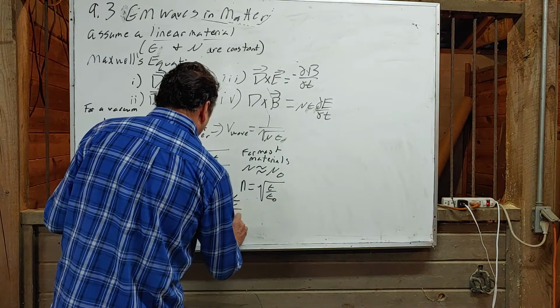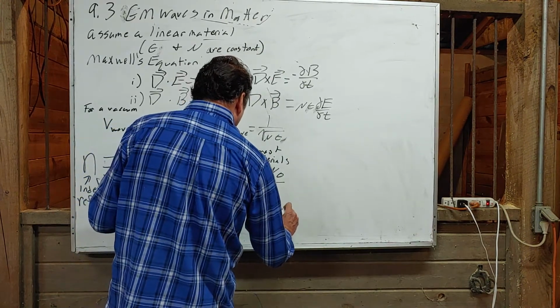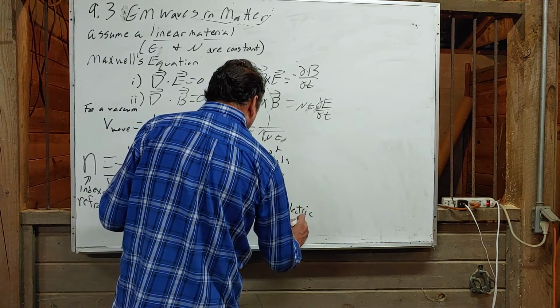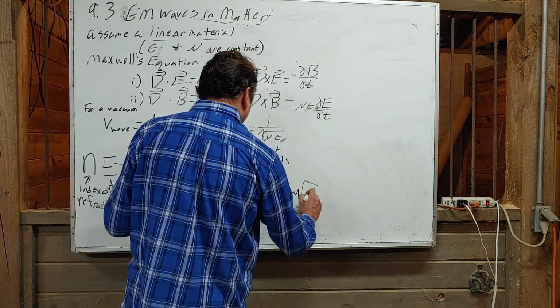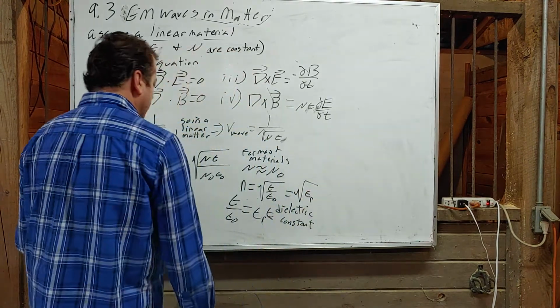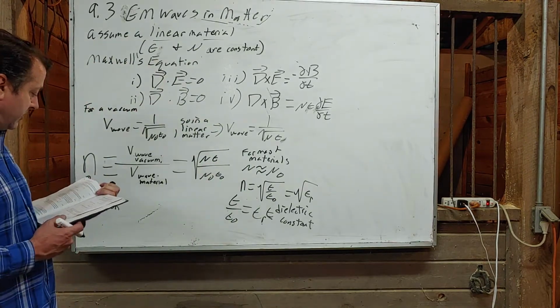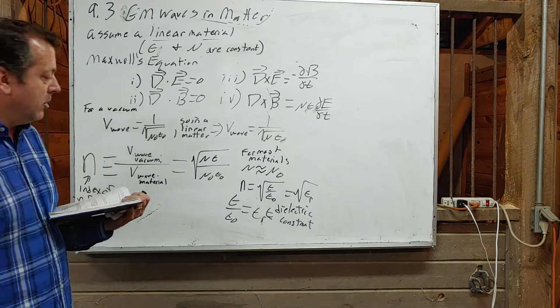They call this again epsilon over epsilon naught, epsilon sub r, known as the dielectric constant. That's the dielectric constant, and you'll hear that term come up for lots of things.